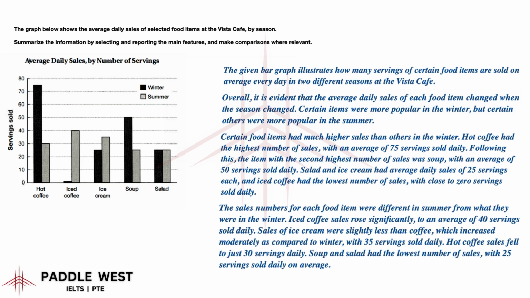We have given the details of each and every item in winter and summer, and compared the sales figures between these seasons. This completes the answer to this question. Now, I will proofread the whole essay to make sure there are no mistakes in it.